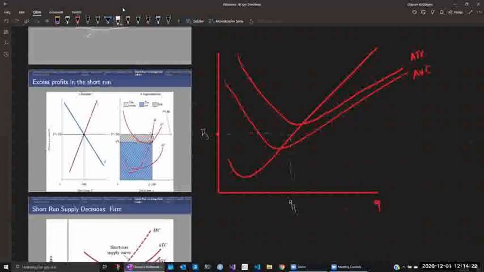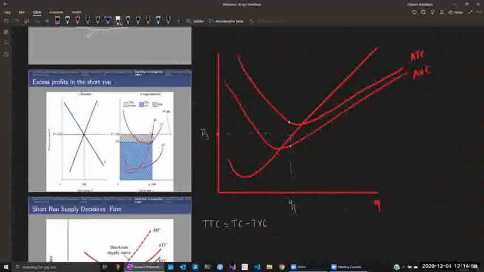Okay, so if I don't make any production, what is my cost? It is equal to total fixed cost, right? And how can I find total fixed cost? It is equal to total cost minus total variable cost. And what is it equal to? I can find the total cost by multiplying Q3 times this guy over here, right?